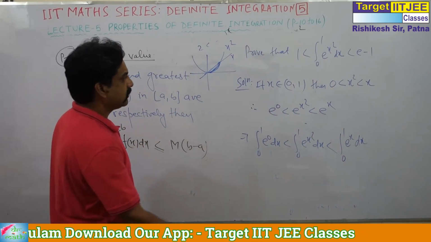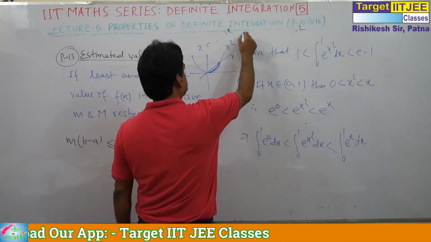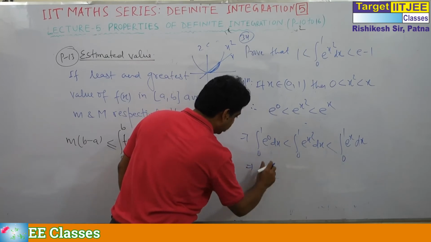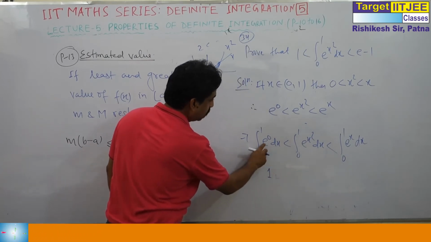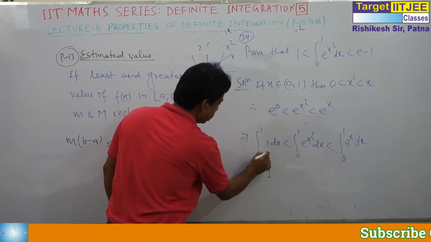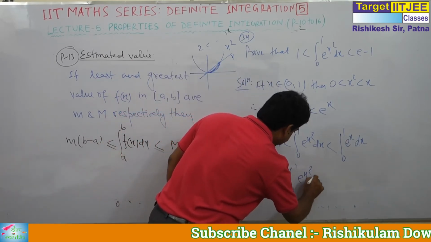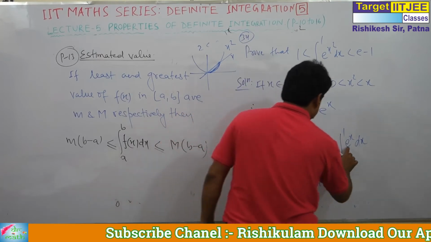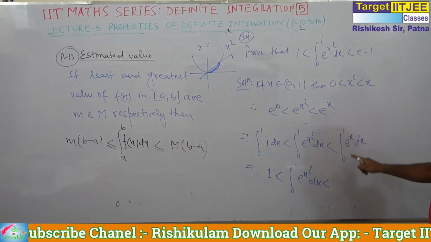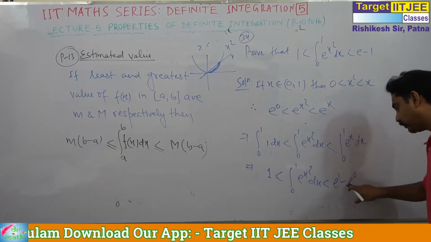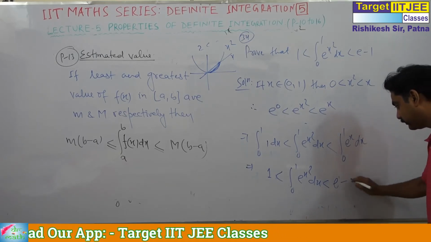This is question number 34. On integration, this will be 1. Actually, e to the power 0 is 1, and the integration of 1 from 0 to 1 is 1. And this is, on integration, e to the power x, e to the power 1 minus e to the power 0, which is e minus 1.